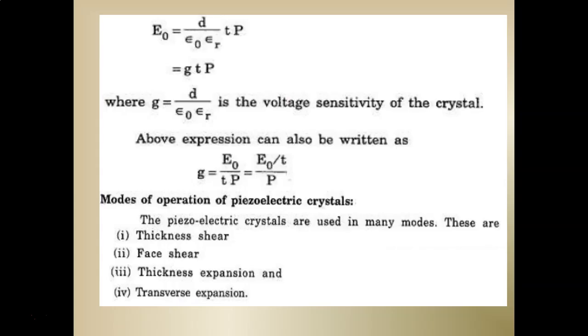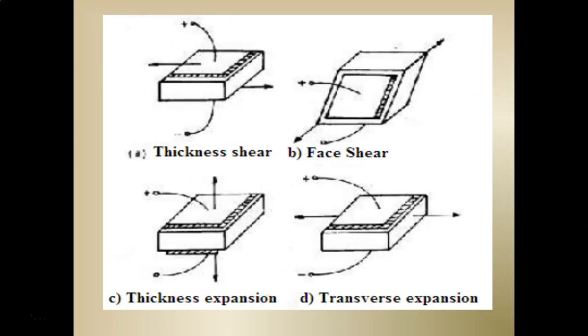So D by epsilon naught epsilon R is given as the voltage sensitivity of the crystal. So instead of D by epsilon naught epsilon R, we are substituting G. So E naught, the output voltage, is given by G T P. It can also be rewritten as G equal to E naught divided by T P, or E naught by T divided by P. So modes of operation of piezoelectric crystals are thickness shear, face shear, thickness expansion and transverse expansion.